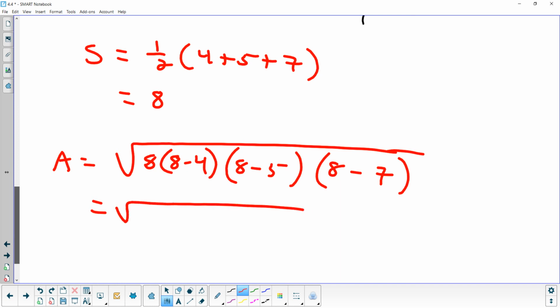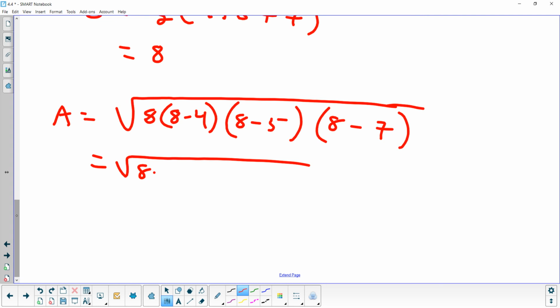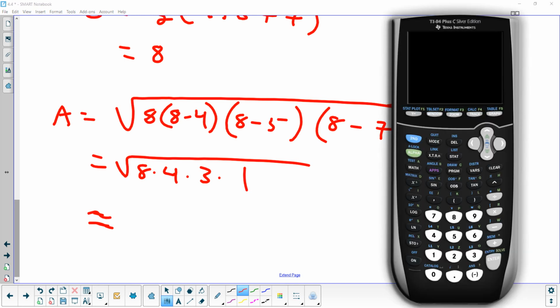All right, a little bit more we can do before we type it in. 8 minus 4. Well, Pete, what's 8 minus 4? 4. 8 minus 5, Don? 3. And Olivia, 8 minus 7? 1. So let's type that in. We'll round it off and see what we get.